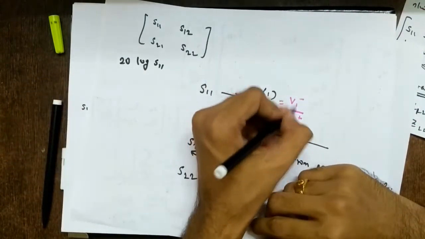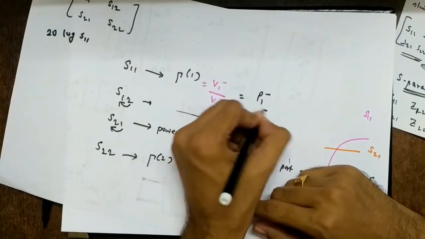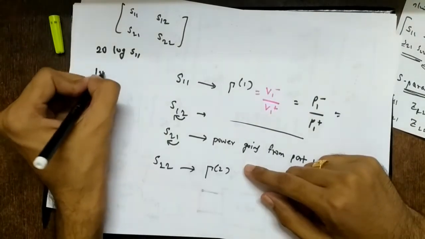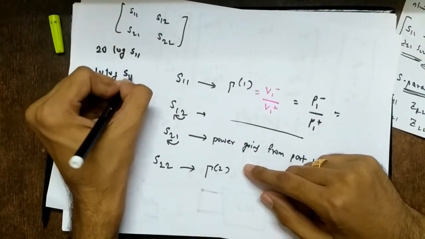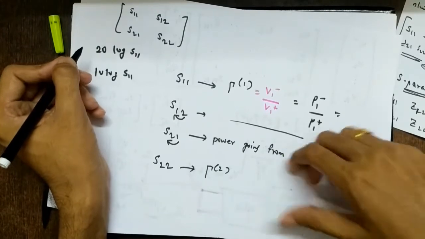But if this is expressed as squares of voltage, that is power, P1 minus upon P1 plus, then I will take 10 log, because for power we take 10 log and for voltage we take 20 log.